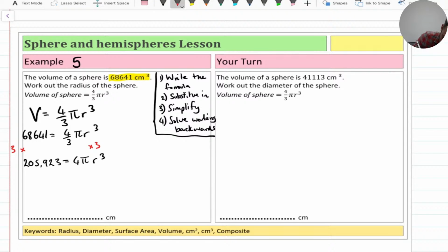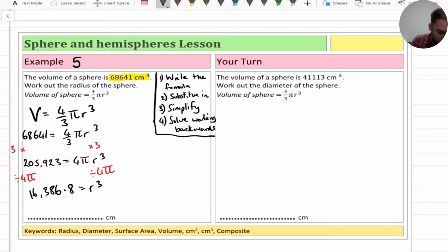So if I divide both sides by 4 pi, I end up with 16,386.8 is equal to r cubed.